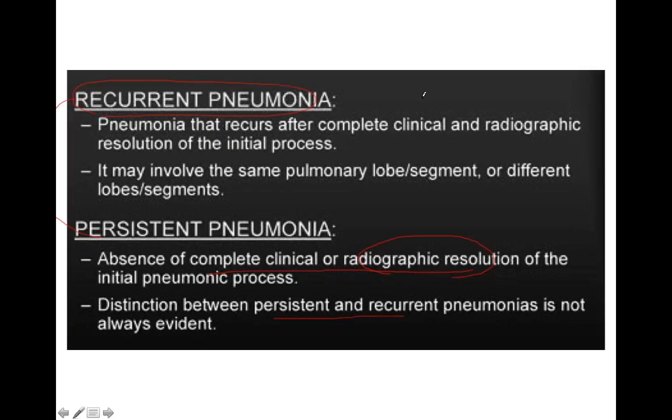But if the CT scan shows a peripheral lesion, a lesion in the periphery, then in that case we cannot go for bronchoscopy. Then we go for VATS, video assisted thoracoscopic surgery.